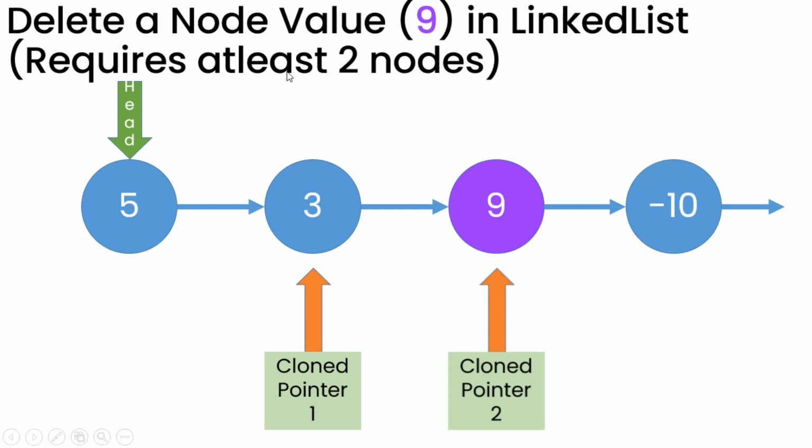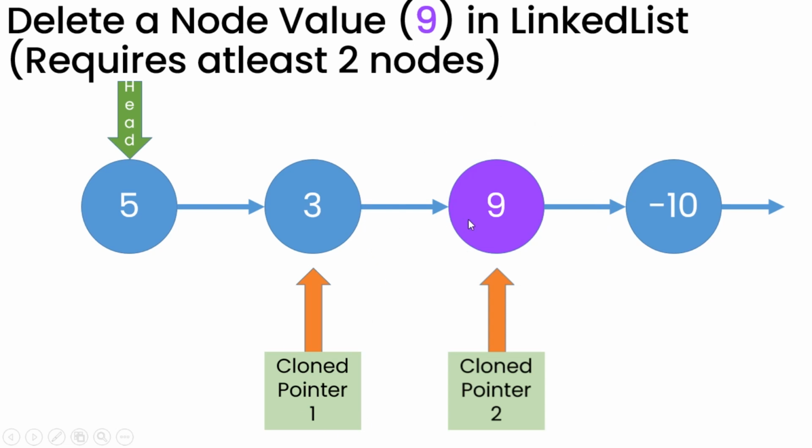So how can we delete this element? In a single linked list, we need to make our element number 3 here point to the next element of 9. How can we do this? Since we already have our pointer 2, which points at element 9, we have a reference to its next element. So we can make use of this pointer, and we can also make use of our pointer 1.